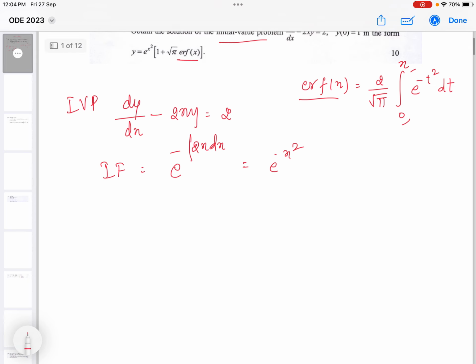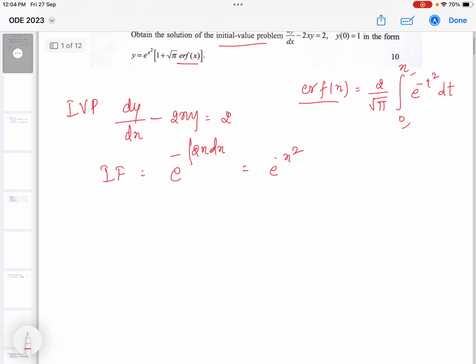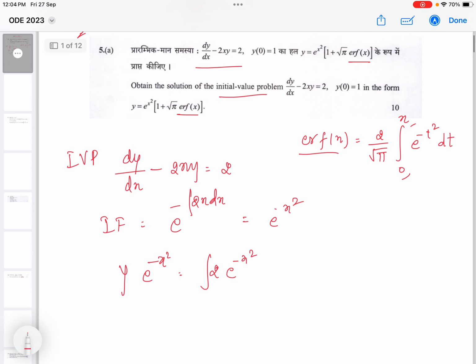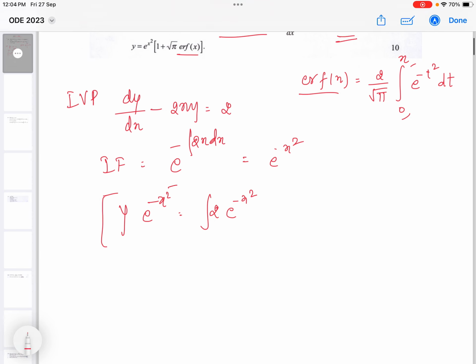Putting into the standard format of integrating factor, we get the integral of e raised to the power x square. This is the general solution, but we have been given limits, so putting those limits in here.